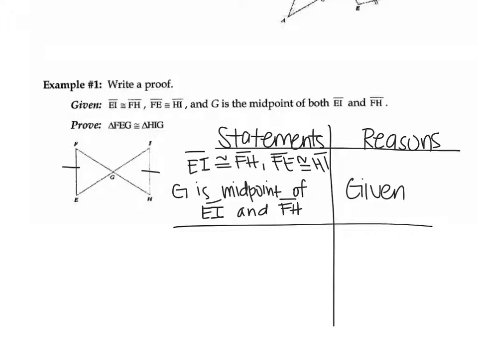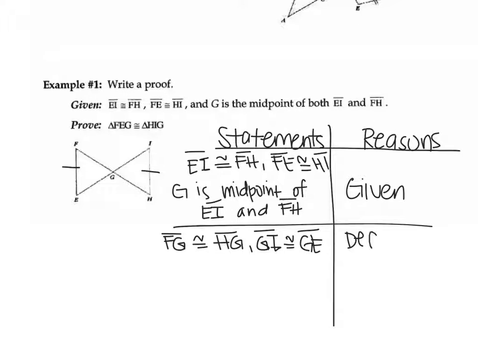So if you remember, the definition of midpoint says it creates two congruent segments. So that tells me that FG is congruent to HG. It also tells me that GI is congruent to GE.